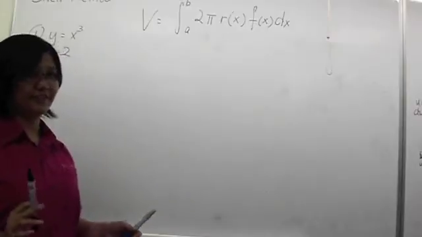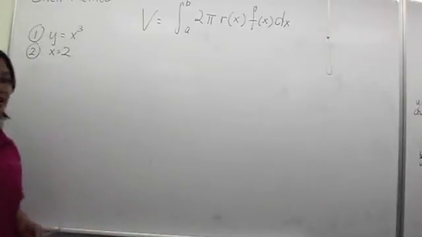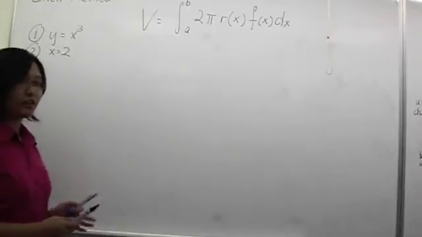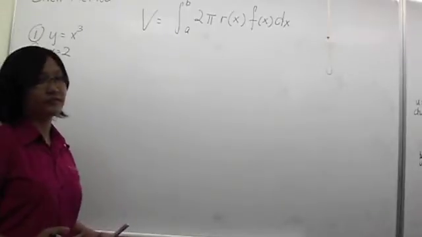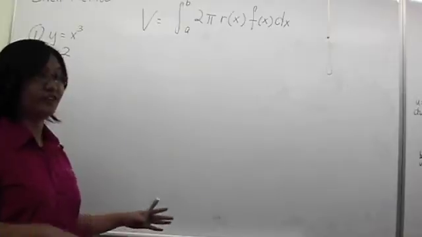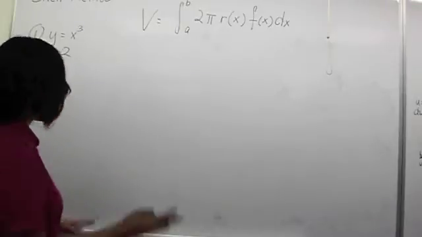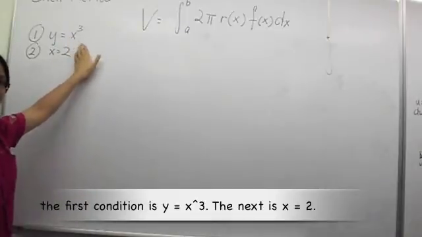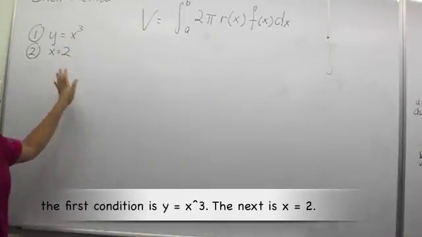Hi guys, you see me again. Now I'm going to give you an example question, so that you all can have a look and try another shell method question. Okay. First condition is y equals x cubed. The next one is x equals 2.